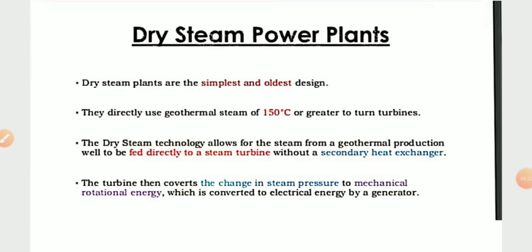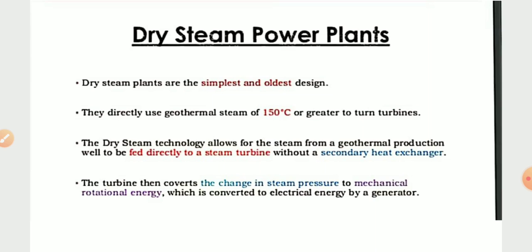Dry steam power plants are the simplest and oldest design. They directly use geothermal steam of 150 degrees centigrade or greater to turn the turbine.